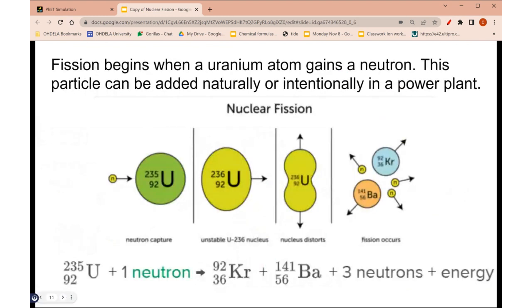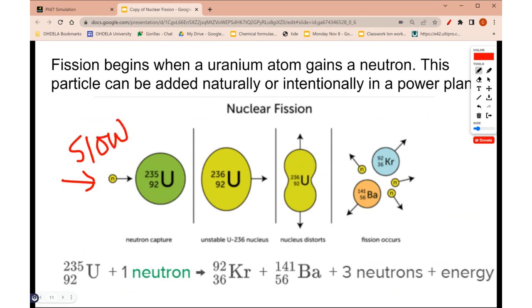So fission begins when the uranium atom gains a neutron. Here we're shooting a slow neutron into uranium-235. You gain a neutron, so the mass is bigger, and it starts to distort the nucleus.